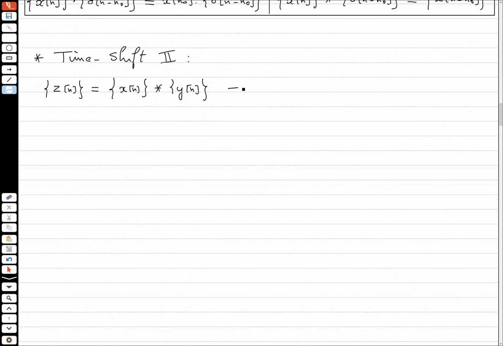So what is going to be the expression for z of n shifted by n naught? I would like a final answer that is concise, already simplified.